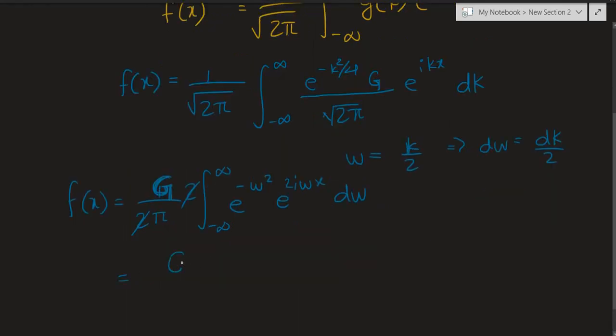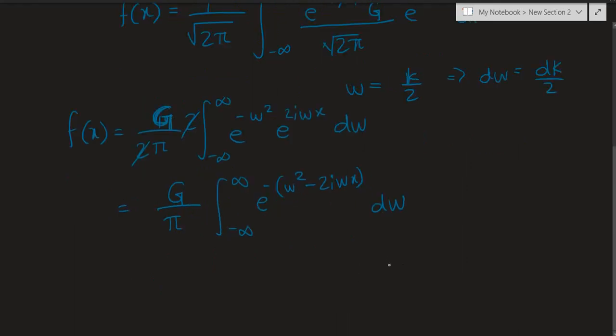This can be written as g over pi times the integral from negative infinity to infinity of e raised to negative, using properties of exponents, w squared minus 2iwx dw. So completing the square here again, we have w and we have to divide the second term by 2 and square it. If you divide that by 2, we have ix, and also remove a w because it anyway gets included during the square.